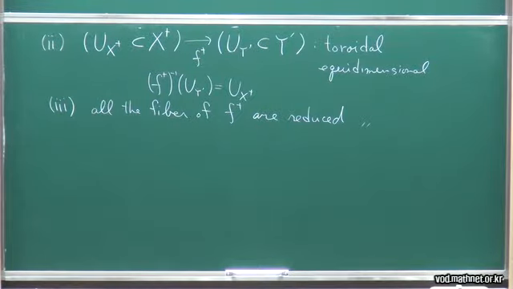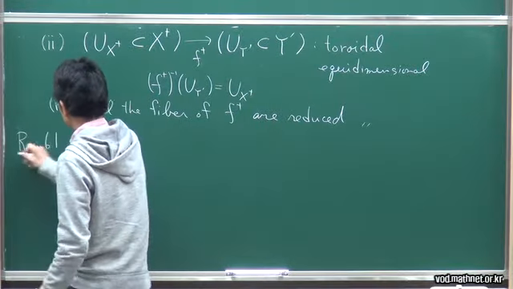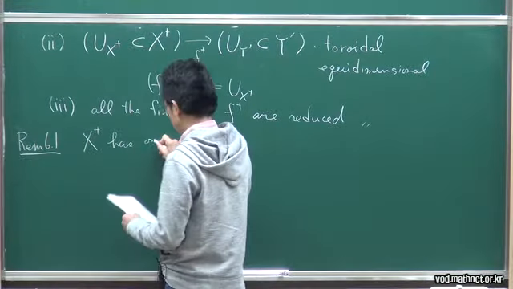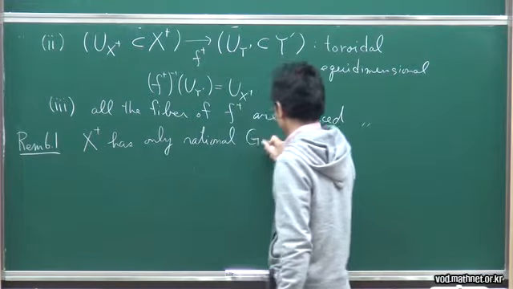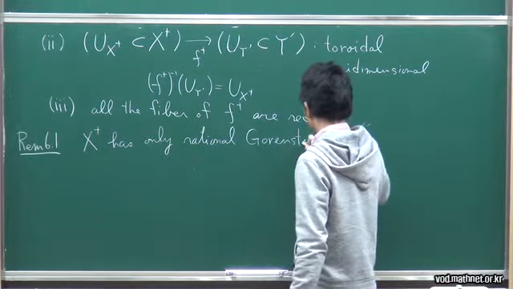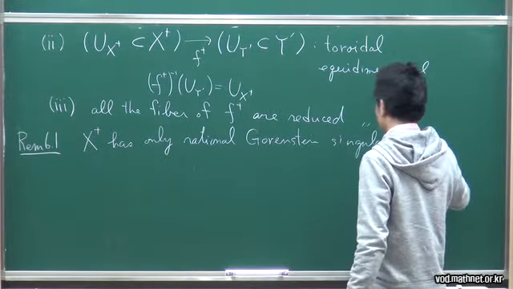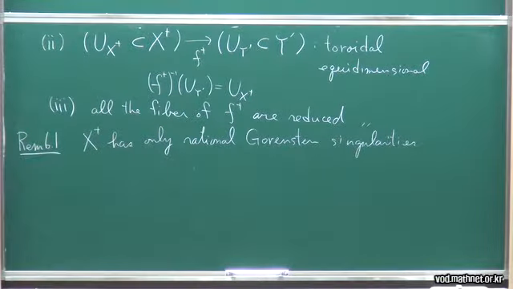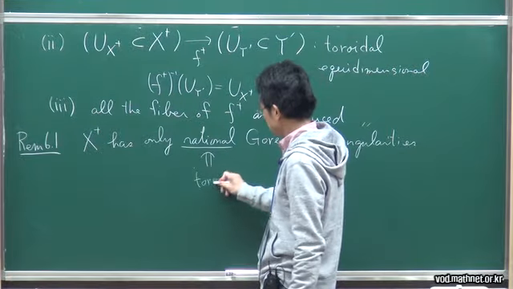And moreover, I had some remarks. X dagger has only rational Gorenstein singularities. Gorenstein is in condition 1, and rational comes from toroidal.